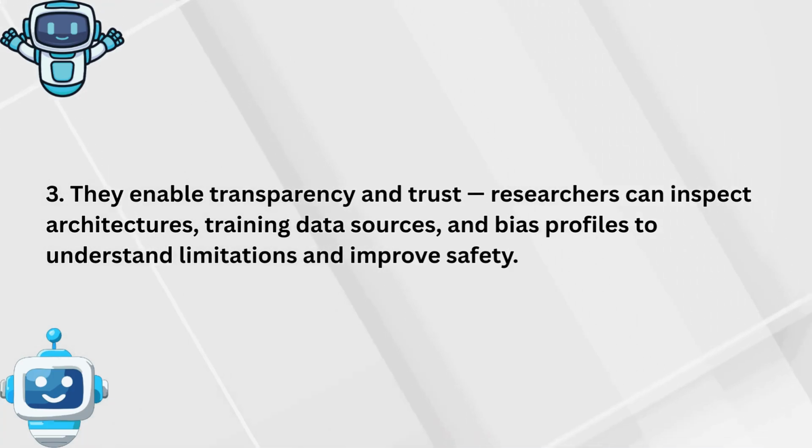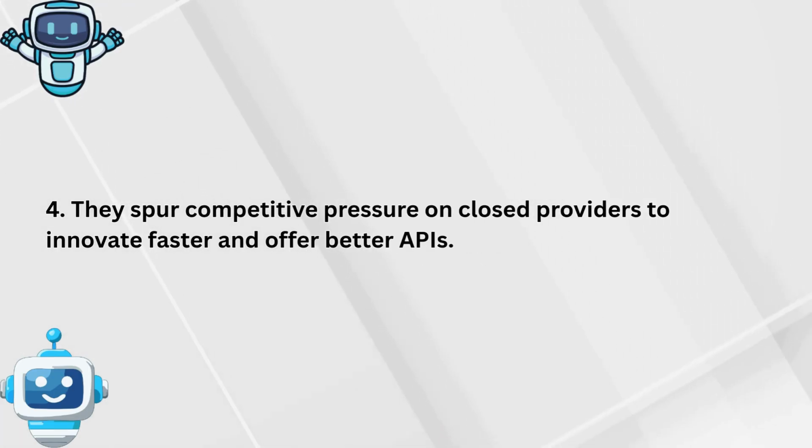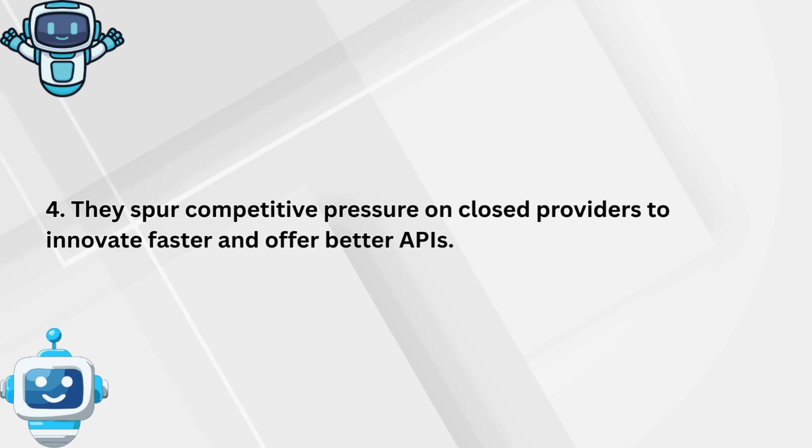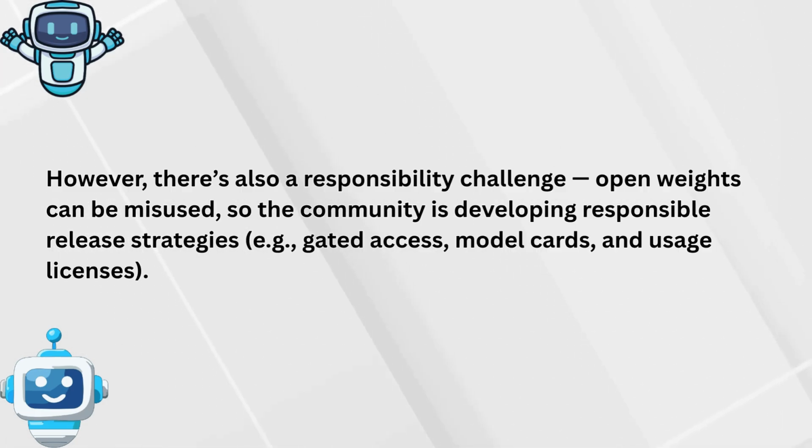Third, they enable transparency and trust. Researchers can inspect architectures, training data sources, and bias profiles to understand limitations and improve safety. Fourth, they spur competitive pressure on closed providers to innovate faster and offer better APIs. However, there's also a responsibility challenge.